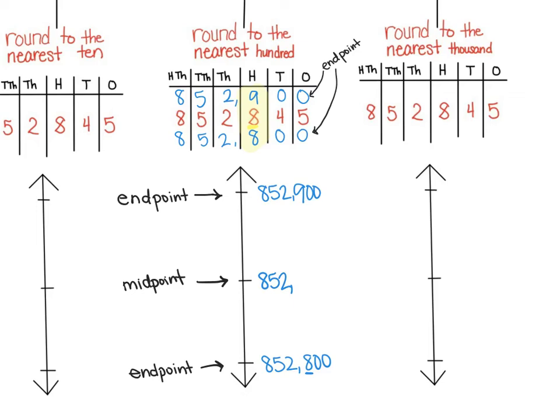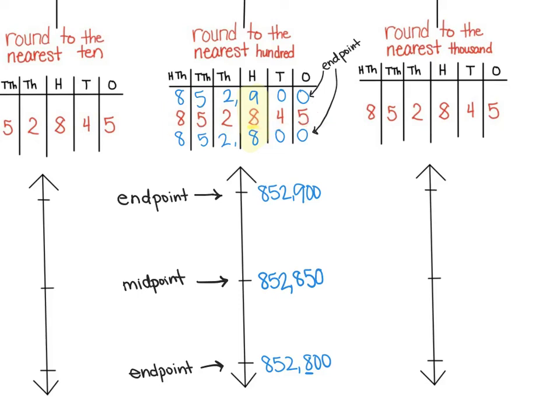So we know that halfway between 0 and the next 10 is 5. So we're going to have an 8 from the hundreds, and then a 5 because that represents halfway, and then a 0 to fill in our ones column. So our number will be 852,850.